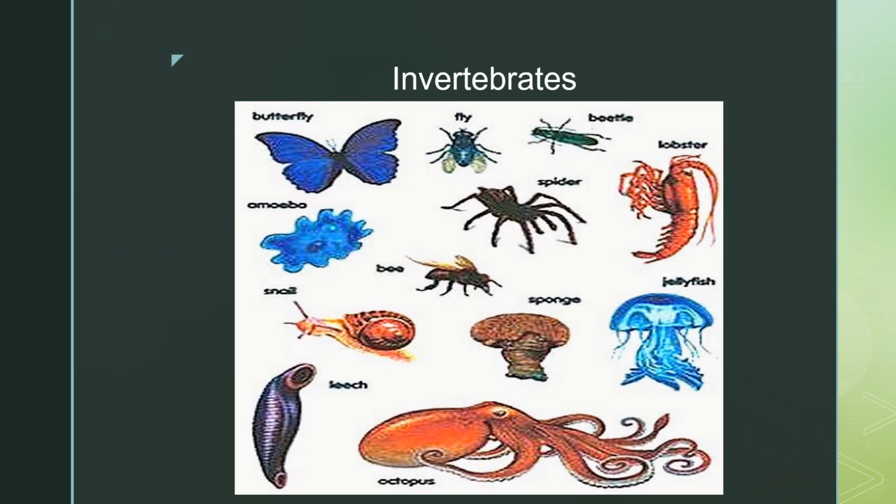So here we have a picture of many different kinds of invertebrates. Remember, these are animals that do not have a backbone. Invertebrates are more than 90% of all living animal species. They can be as diverse as sea stars, sea urchins, spiders, clams, and squid.